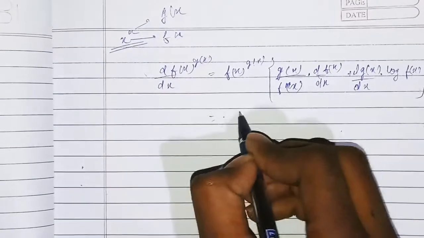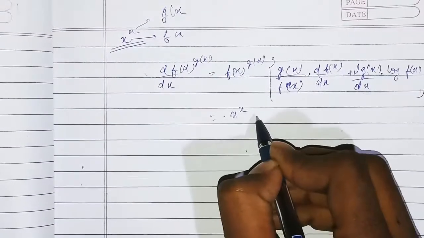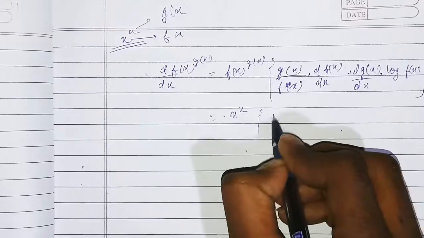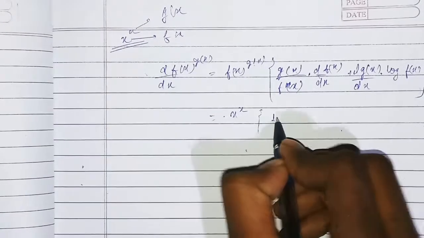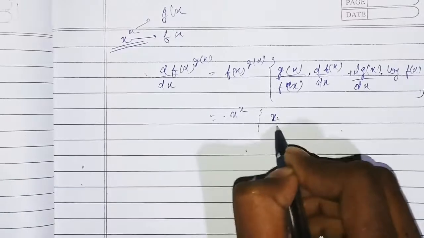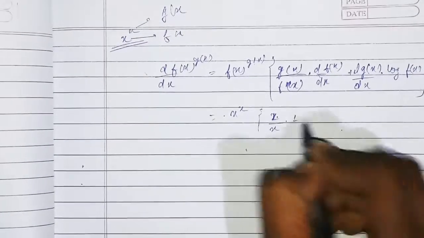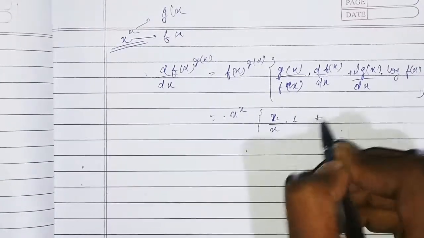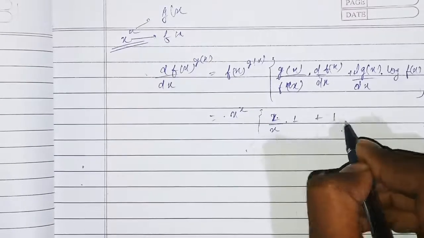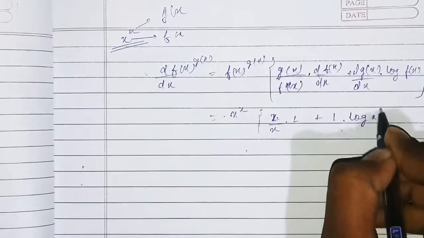we get x to the power x into 1, that is x by x. We can get 1 into x by x plus 1 into log x.